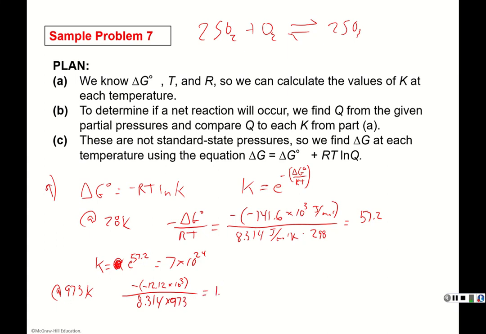That term becomes 1.5, so K equals e to the 1.5, which is 4.5. Does that make sense? Yeah, if you have a delta G naught value that is a much bigger negative number, that means it's very spontaneous. It's going to favor the products, and that's what K shows. We're getting a much bigger value for K for that situation.